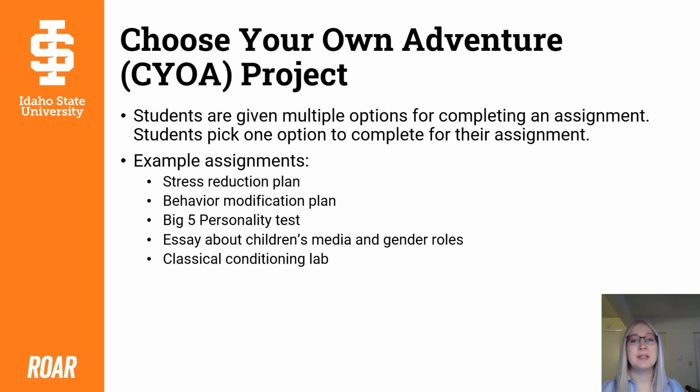So that one was really fun to read. I think Brave was one that came up as a character that would defy traditional gender roles. So you get a lot of interesting things that come up with that option. I've also done simulations. So I found a classical conditioning lab online that students were able to engage with, and some of them found it really helpful for understanding those more difficult concepts.